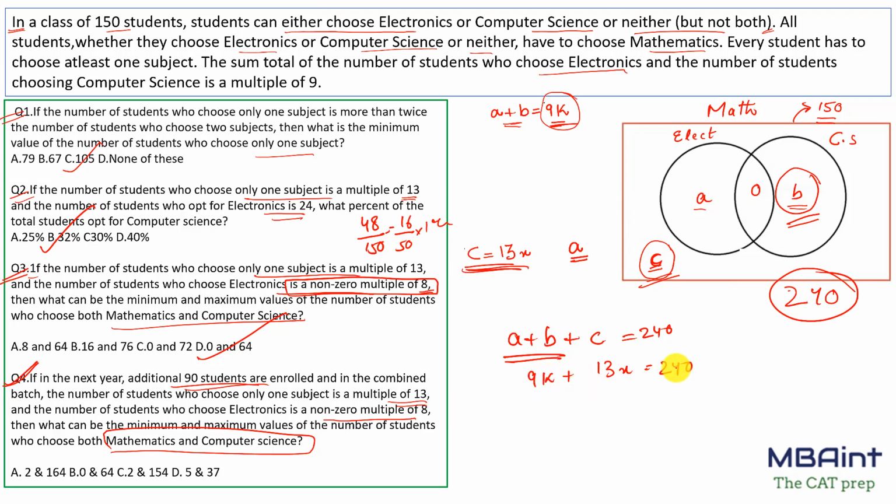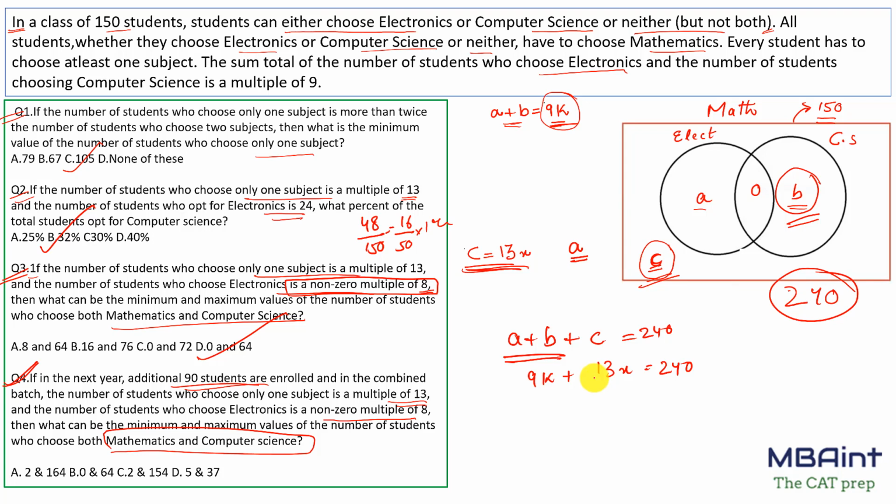K equals 1, that would be 231, and 13x is 231, not a multiple. Similarly, if k equals 2, this would be 18, and again it would be 222. Is it a multiple of 13? No, 222 is not a multiple of 13. Similarly, k equals 3, 27 would make it 213.